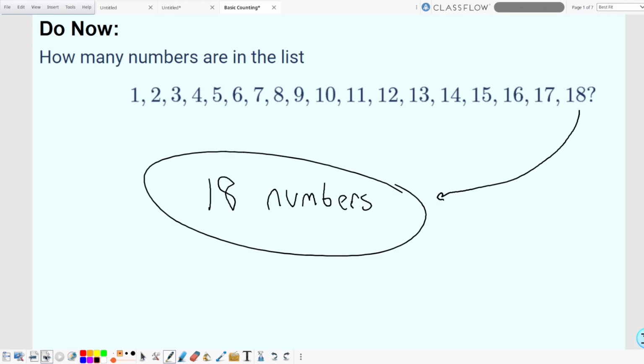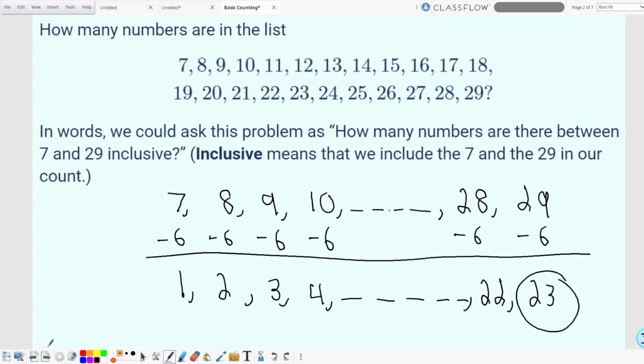So basically, by taking a list that starts at a random number and ends at a random number but goes up by 1 each time, you can simplify it by creating a list that starts with 1 and ends at some other number, by subtracting that same value each time. In this case, we subtracted 6 each time.